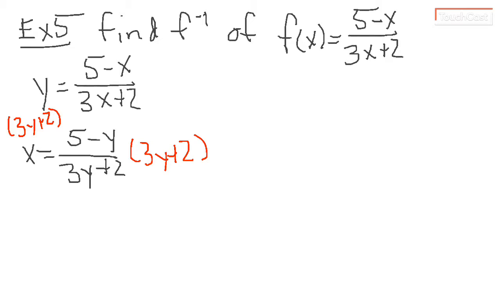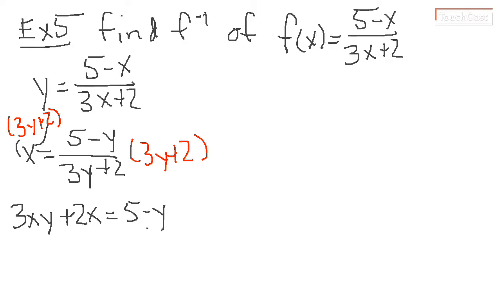On the left side of my equation, I can distribute my x to the 3y and the plus 2. We're going to have 3xy + 2x. And on the right, we're going to have 5 - y. Now I'm going to try to move all the terms with y to one side.